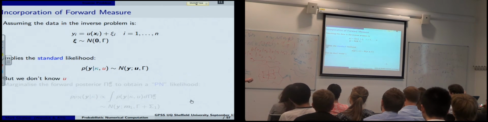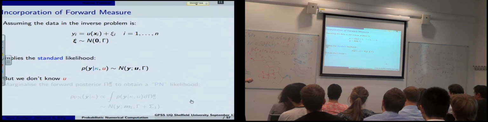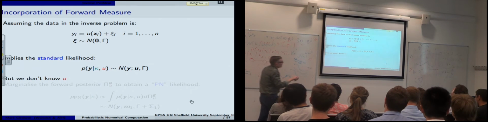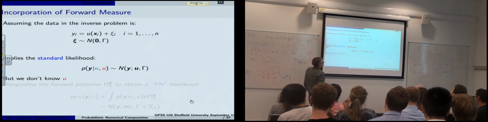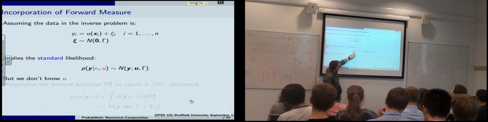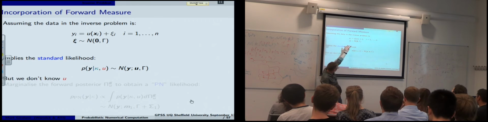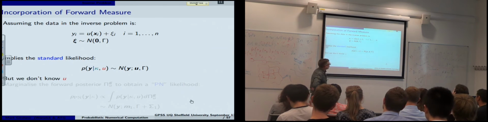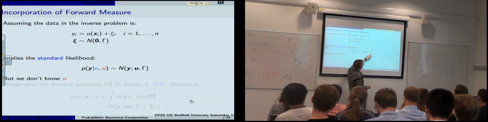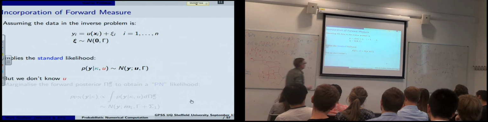So what we're going to say is that our data is a measurement of the true underlying function, the true temperature, contaminated with some noise, which is Gaussian. That would imply that the likelihood for our data y, conditional on our unknown kappa and the function u, would just be normally distributed with a mean of u, where u is the actual solution of the PDE, and then the covariance of the noise.